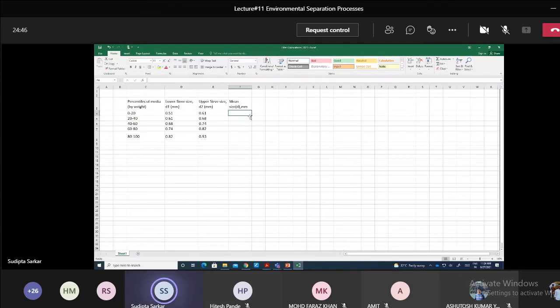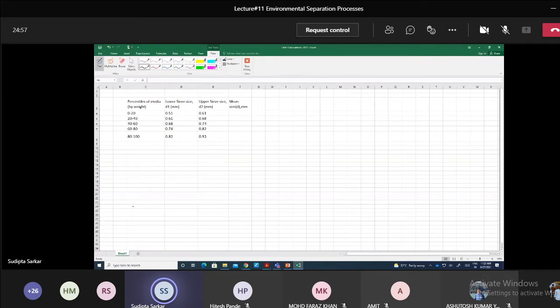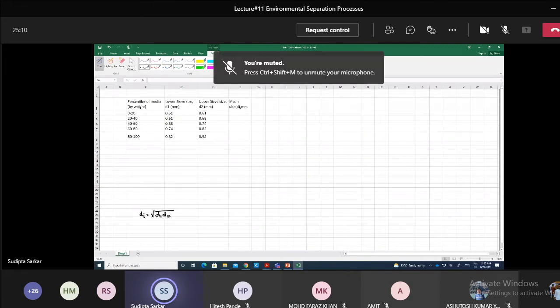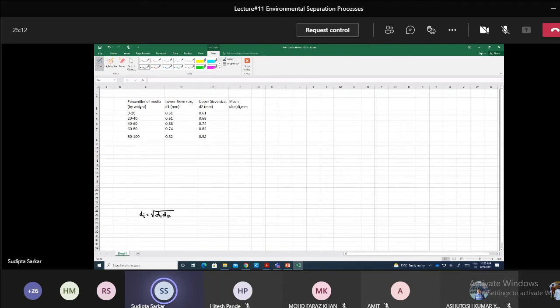And the formula for this, since it is from a probability based paper, we will write Di is root over of D1 into D2. I don't want to get into the nitty gritty of this. You must be knowing this from your soil dynamics classes.